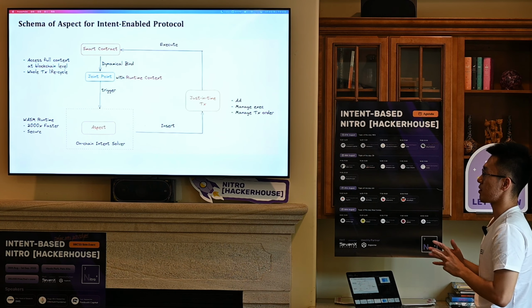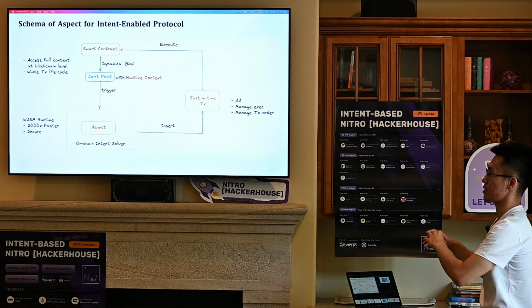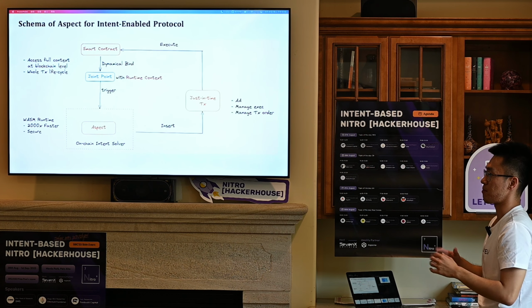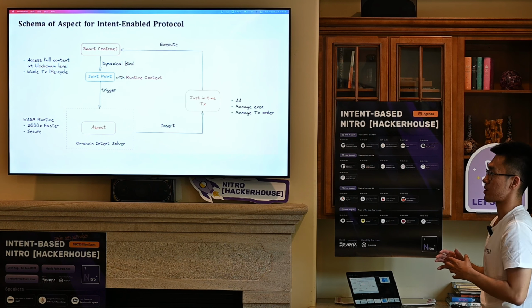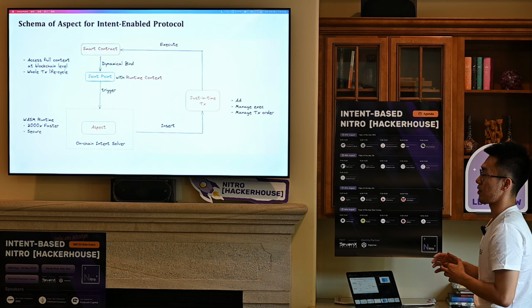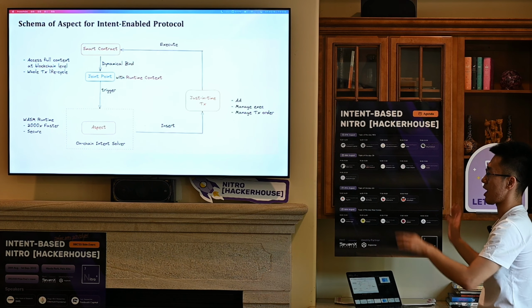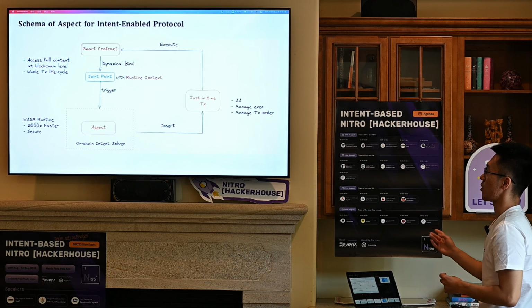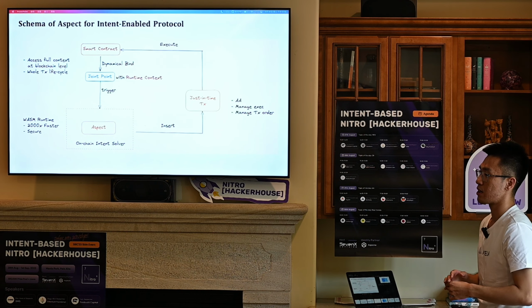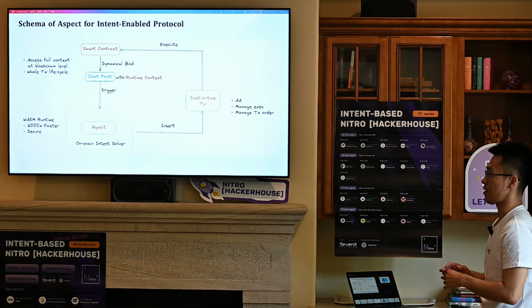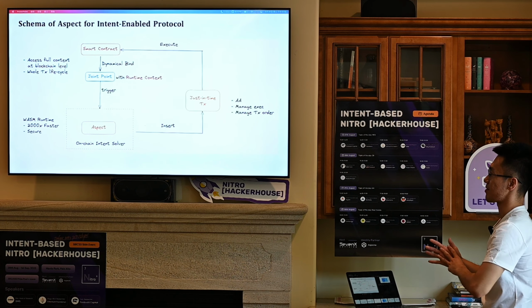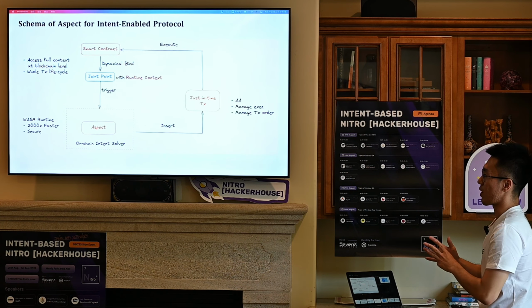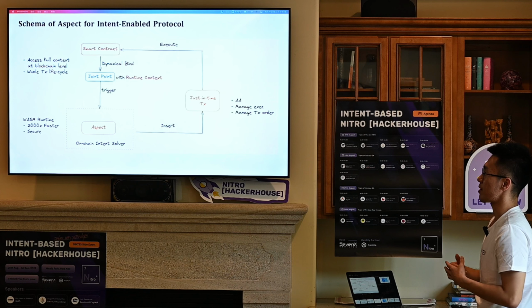Second is that it runs in a Wasm VM. According to our benchmark, it's 2,000 times faster and also as secure as web browsers, because all the common web browsers use it. And we also allow account abstraction here to solve the problem of fee allocation. So with these three advantages, we make it a universal framework.